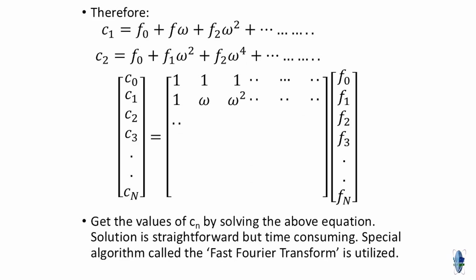You can very easily solve it, and you're going to get the values of the C's. And the C's, once again, are the projections on the unit basis functions, or if you are looking at signals, then it's the resolution of the compound signal into its components.